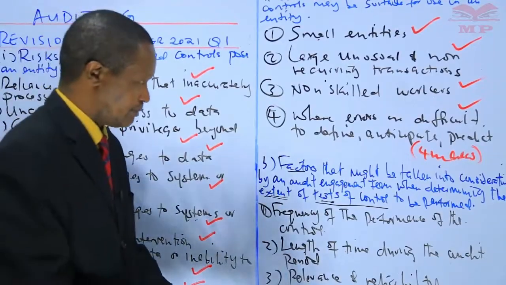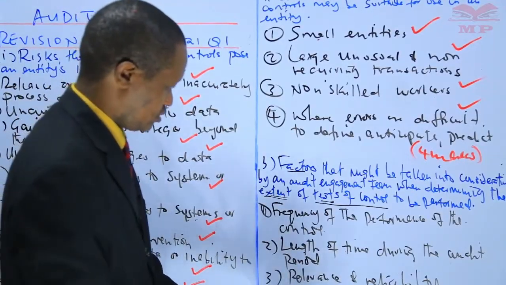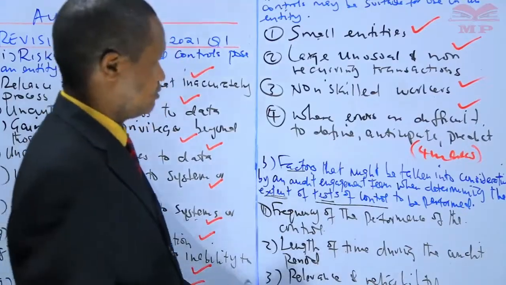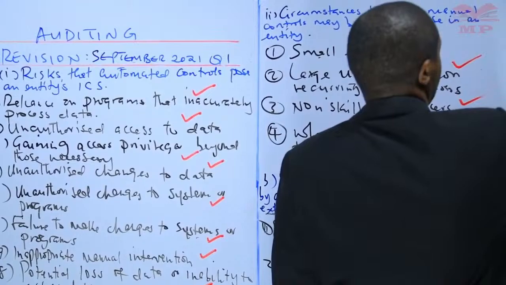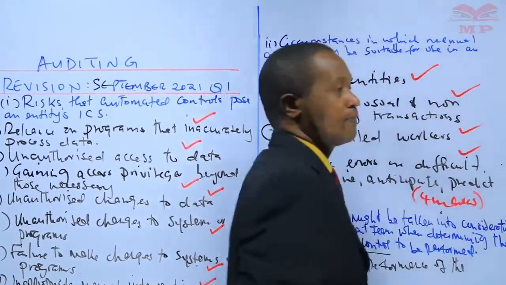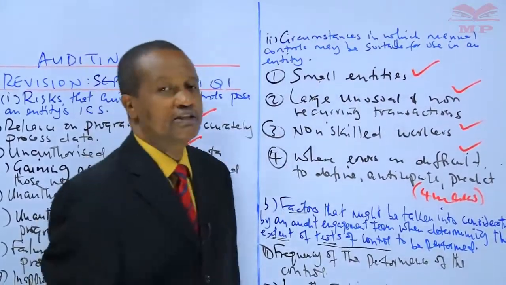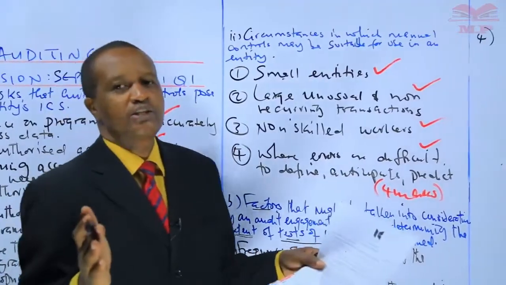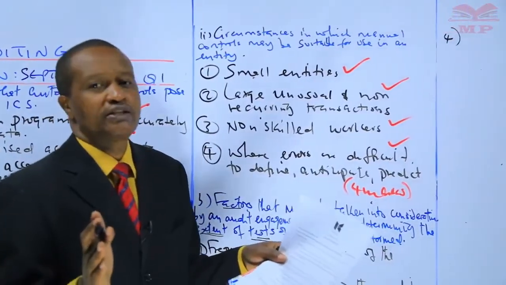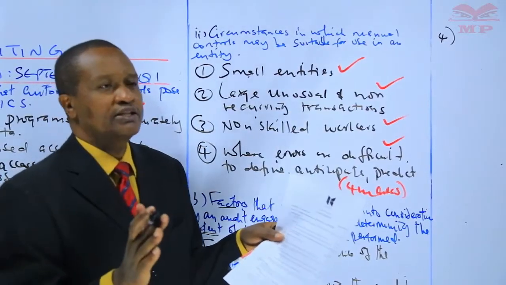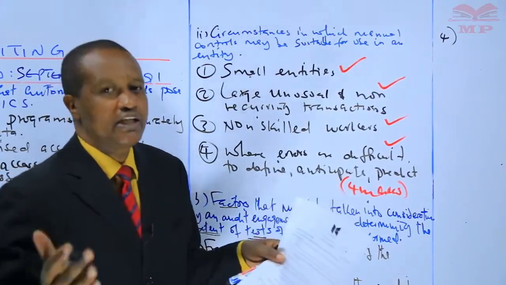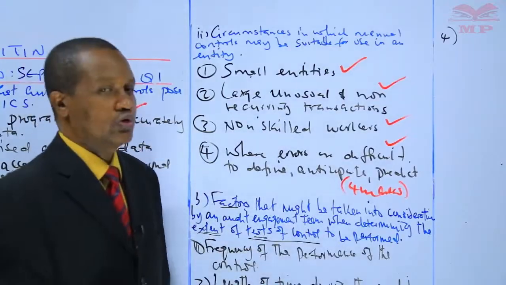Then number four, the fourth factor to consider is the extent to which audit evidence is obtained from tests of control.